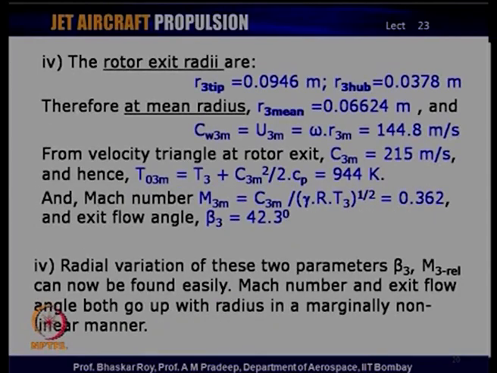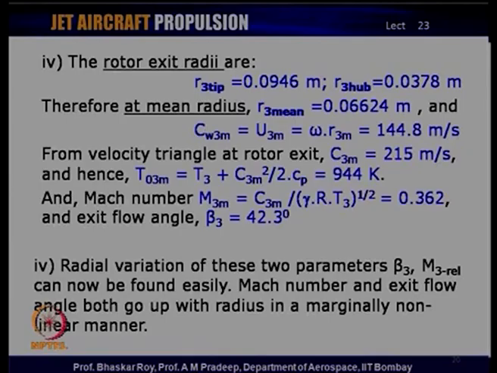At the rotor exit, if we find the radius using the area that we have found, we get the tip radius, using 0.4 as the ratio, to be 0.0946 meters and the hub radius to be 0.378 meters.